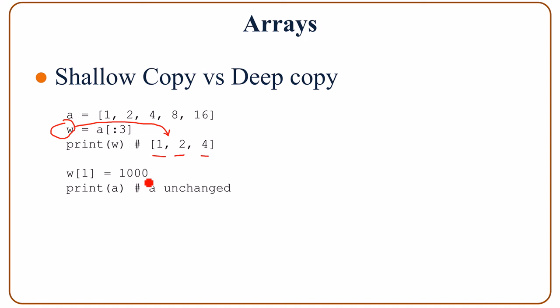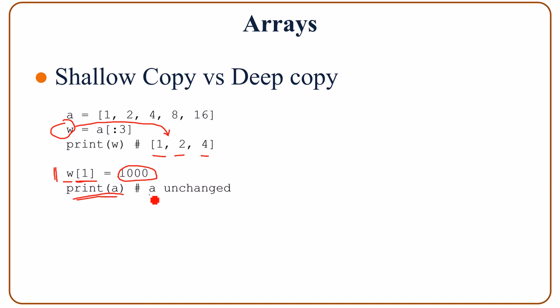Okay, now we try to change the element at the index of 1, which is actually the second position of the array w. We change it and give it the new value of 1000. Note that we make the change in w, and then we print the content of a.